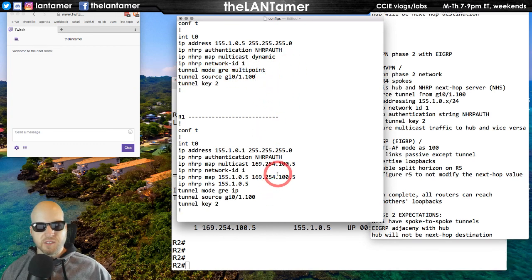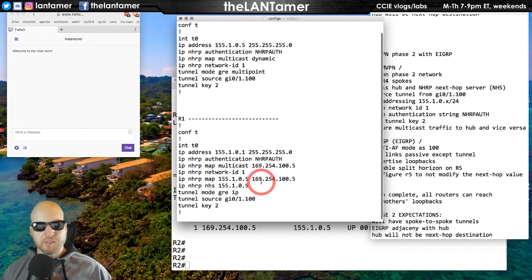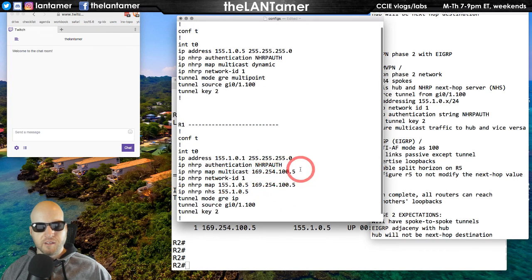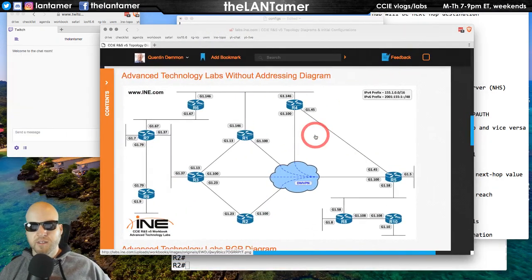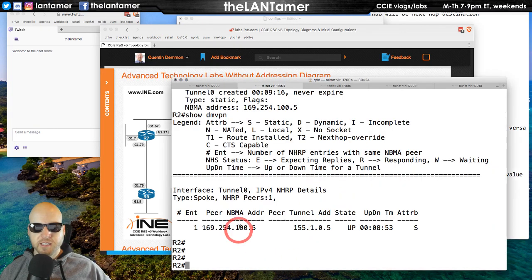That is one major difference. We still have these other configurations here. We still rely on that, but that is the main thing. However, if router 5 is still configured, we still need split horizon, right? But right now, router 5 is modifying the next hop.